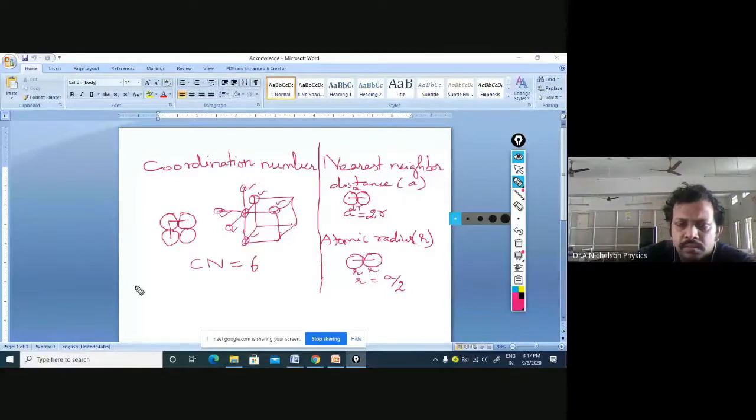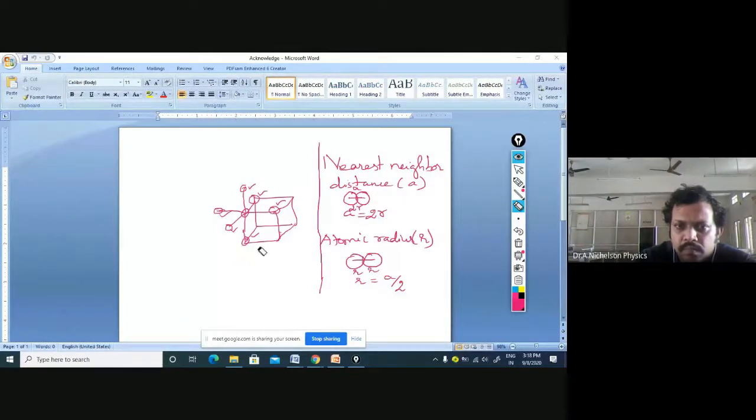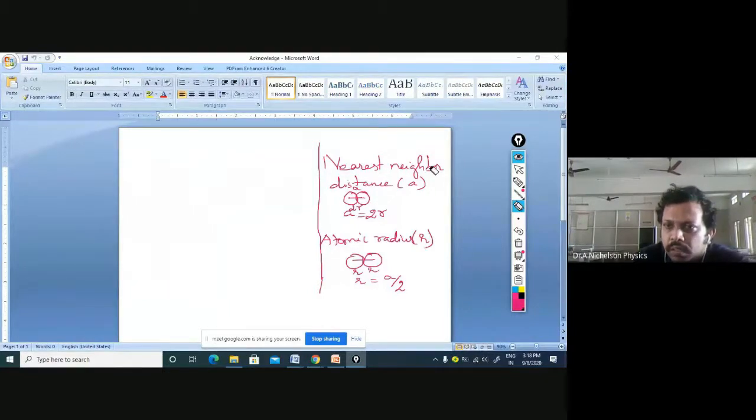So the next one is atomic packing factor. We just follow the nearest neighbor distance and atomic radius.